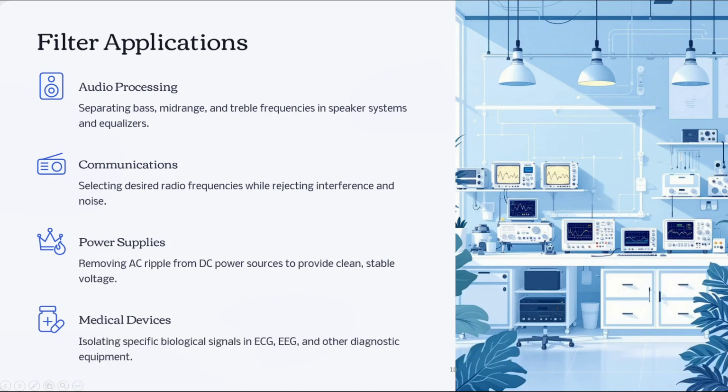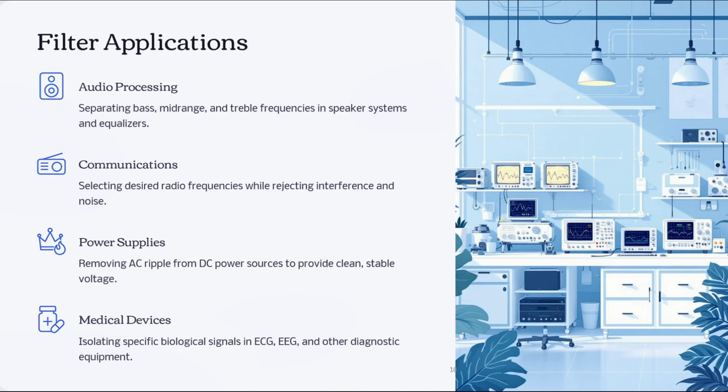So now moving ahead with the filter applications. Where do we use these filters actually, or in the real world, what is the use of these filters? The practical examples and use cases include audio crossovers, so low pass filters and high pass filters, and then radio front ends where we have band pass and band reject filter applications.